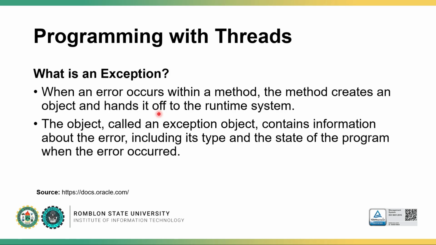In basic terms, instead of closing the application when errors are encountered, the error is automatically sent to the exception runtime system, which outputs the error. This is what exceptions are usually used for.